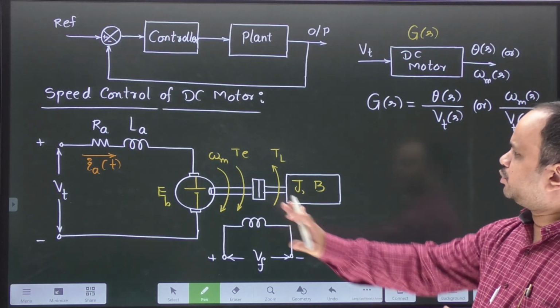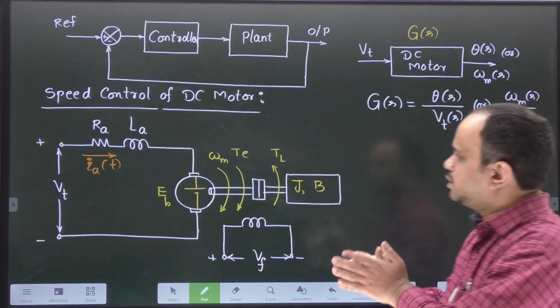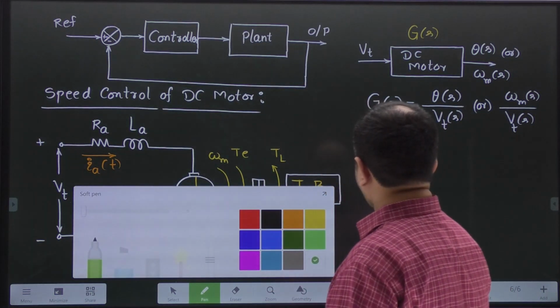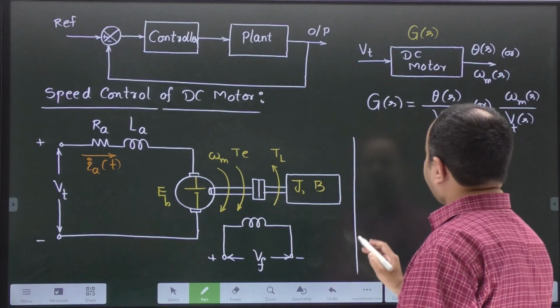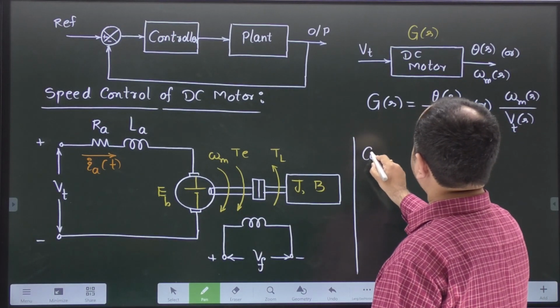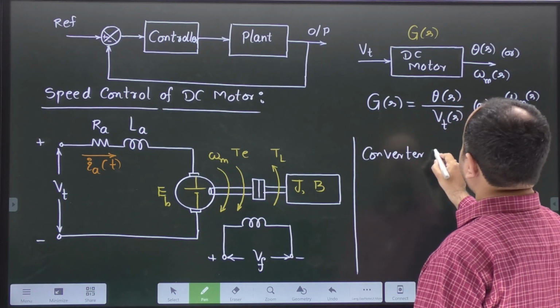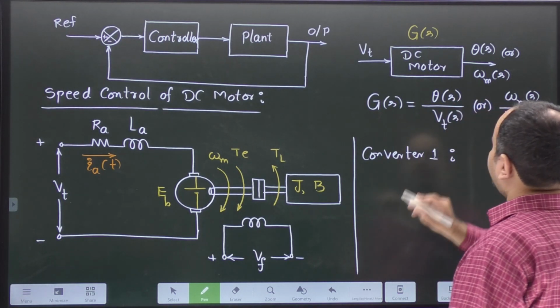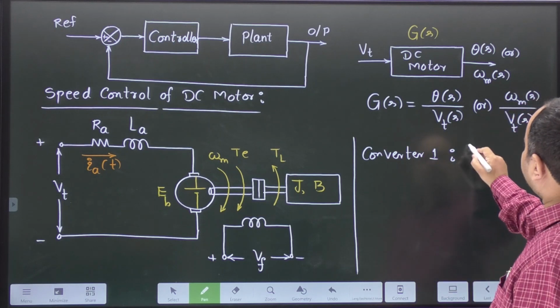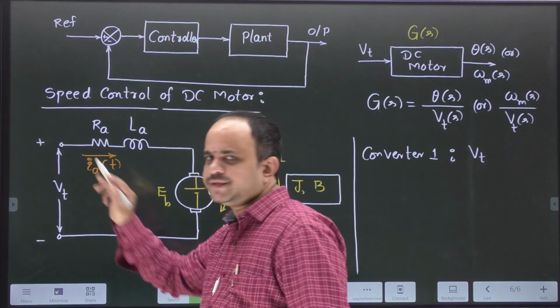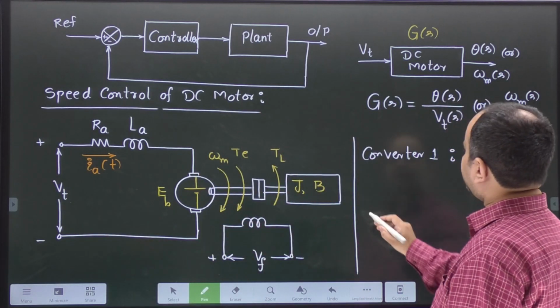Now this DC motor, how can we control it? There are two aspects here. One converter is used to control this terminal voltage. Let me call that converter 1.